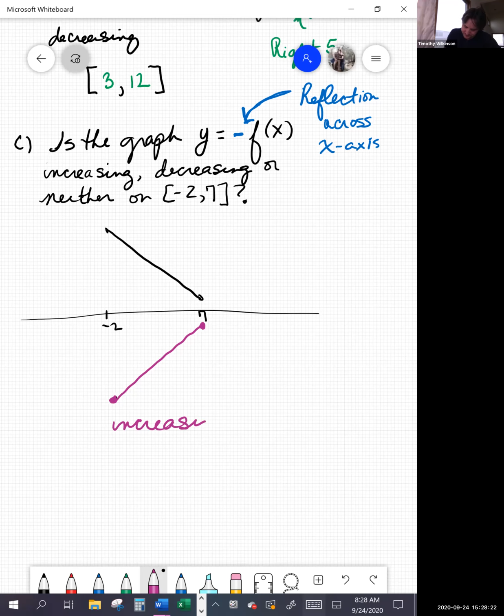And one more is the graph of y equals f of negative x, increasing, decreasing.